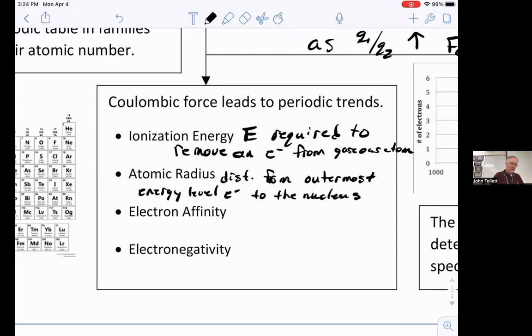And electron affinity is going to be an atom's force on another electron. So electron affinity is that strength of attraction for those electrons.